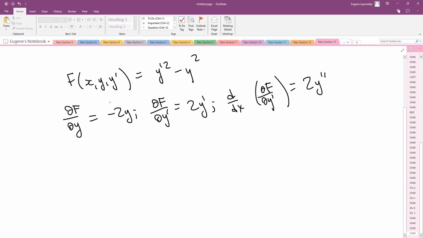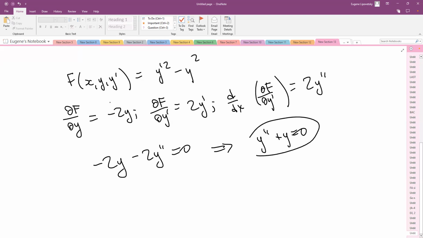And so the equation will be minus 2y minus 2y double prime equals 0. Simplifying, we get y double prime plus y is 0. Make sense?